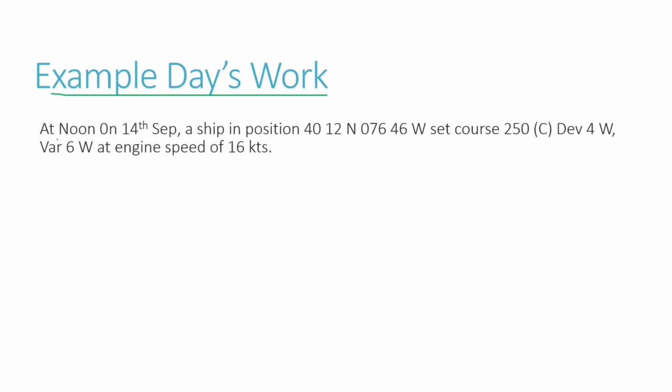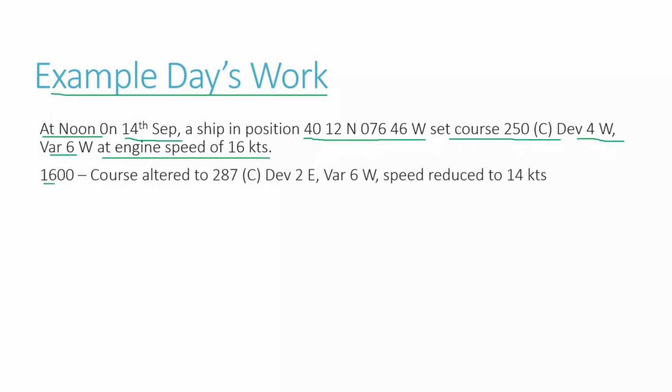So this question says, at noon on 14th September, a ship is at position 40°12' north, 076°46' west. It sets a course of 250 compass. Deviation is given to us, variation is given to us, at an engine speed of 16 knots.